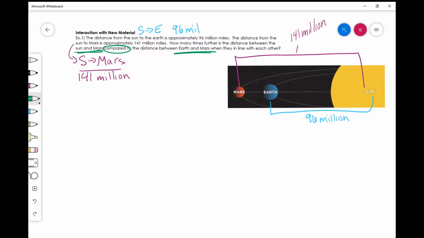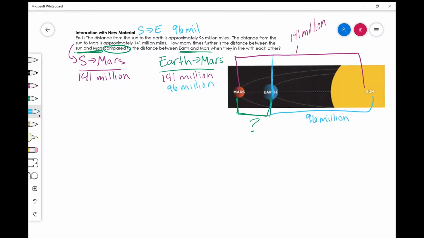So we know the distance from the sun to Mars is 141 million miles. We need to be able to find the distance between Earth and Mars. In the diagram, I can see that 141 million is the longest distance that I have, in that the distance between Earth and the sun at 96 million is part of the way between the sun and Mars.